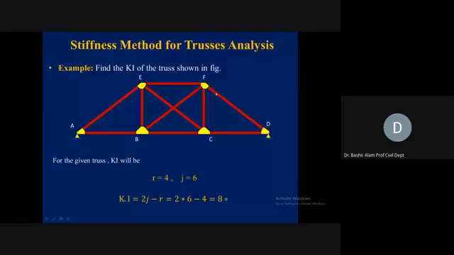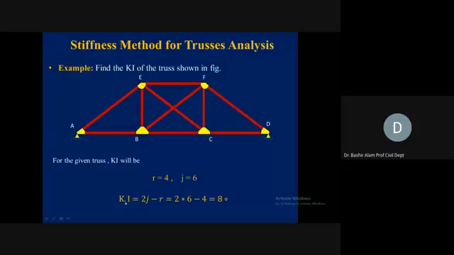So if we start counting the number of reactions, we have 2 reactions at A and 2 reactions at D. So the number of reactions in this structure is 4. Number of joints: A, B, C, D, E, and F, shown in yellow color. So 6 joints we have.